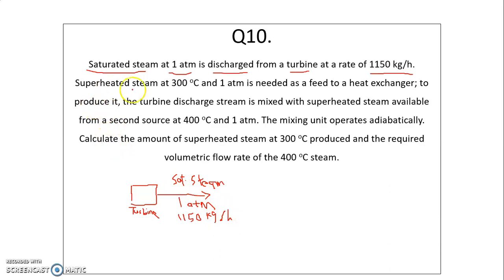Next, superheated steam at 300 degrees C and 180 m is needed as a feed to a heat exchanger. To produce it, the turbine discharge stream is mixed with superheated steam available. Since it is not related to the turbine yet, we just draw another flow diagram here, where we have a heat exchanger.